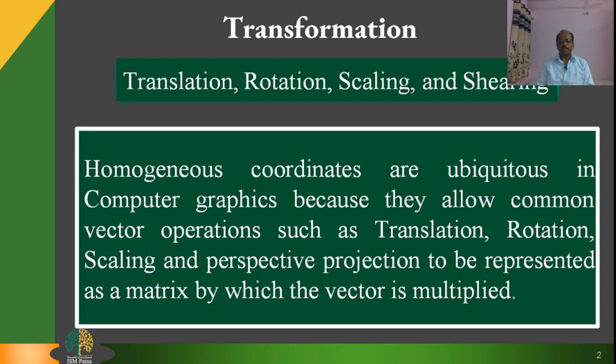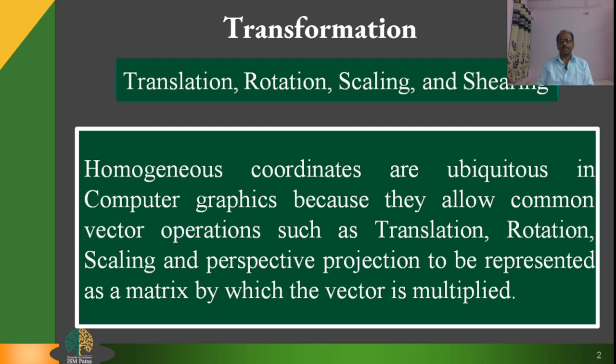Now instead of being represented by a pair of coordinates like x and y, each point is represented by a triple, that is x, y and w. At the same time we say that two sets of homogeneous coordinates like x, y, w and x dash, y dash, w dash represent the same point if and only if one is a multiple of the other.